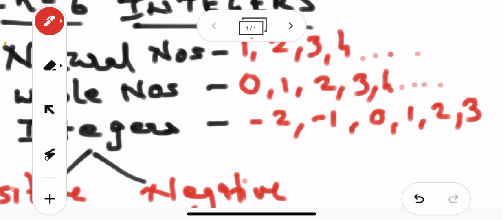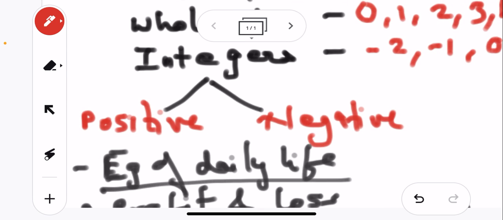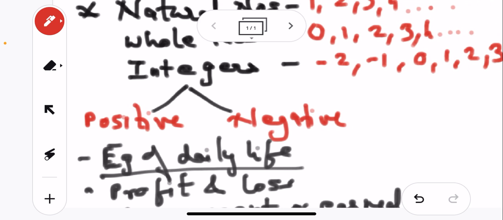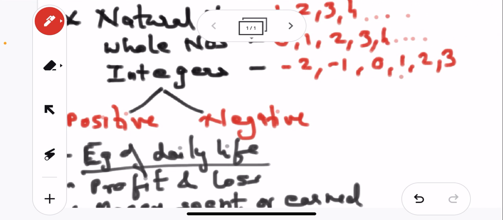So all these numbers are integers. Now in integers we have positive integers and negative integers. Which are positive integers? This 1, 2, 3 they are called positive integers, and this -1, -2, -3 they are called negative integers.